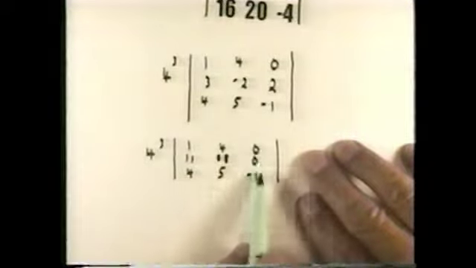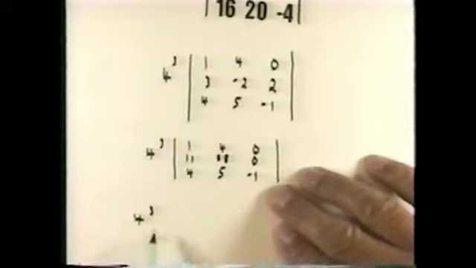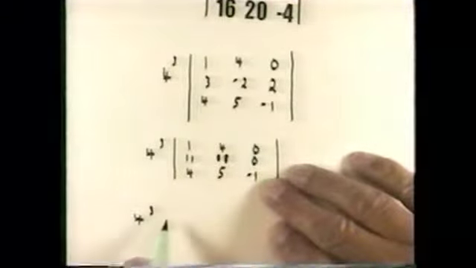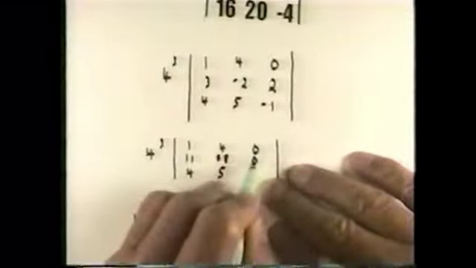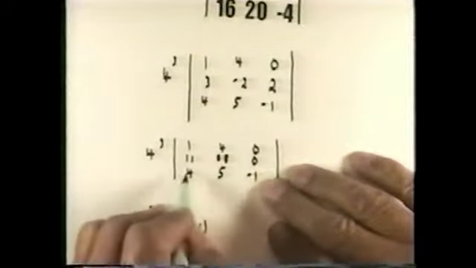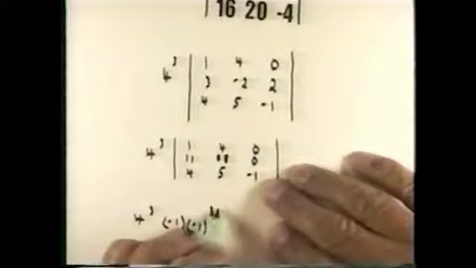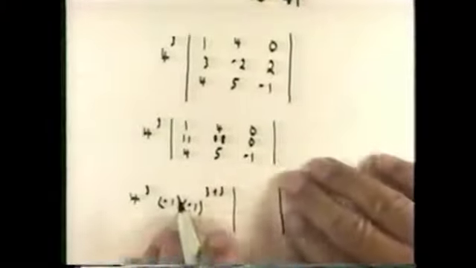So now I have zeros in this column, so that would be 4 cubed times, I'm going to expand around the third column. These will be zeros. Negative 1 to the third row, third column, 3 plus 3, times the cofactor.